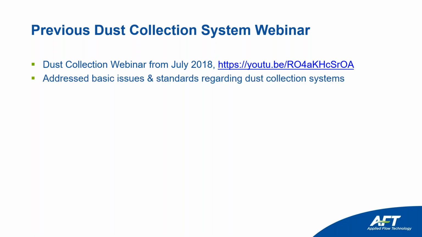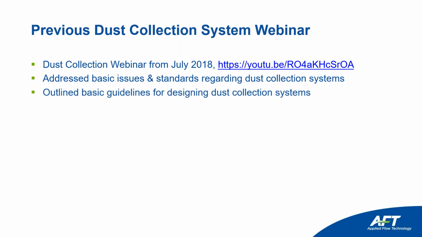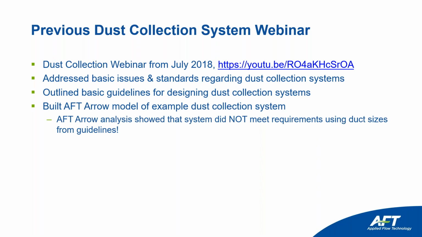It addresses basic issues and standards regarding dust collection systems. I talked about basic guidelines, built an AFT Arrow model, and if you watched that webinar, you'll remember the AFT Arrow model demonstrated that the requirements were not met from the guidelines. I'm going to show you that again today.